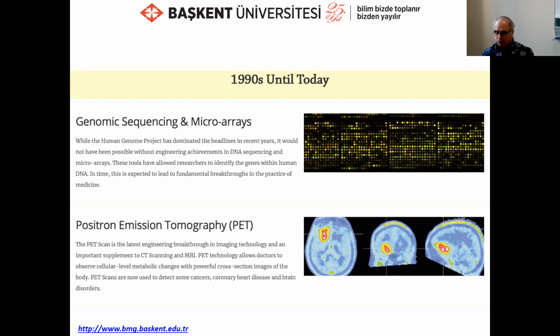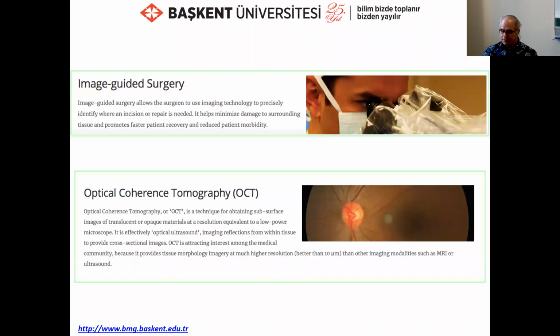PET, positron emission tomography, is another latest engineering breakthrough in imaging technology. It is an important supplement to CT scanning and MRI. PET technology allows doctors to observe cellular-level metabolic change with powerful cross-section images of the body. PET is also very important nowadays.